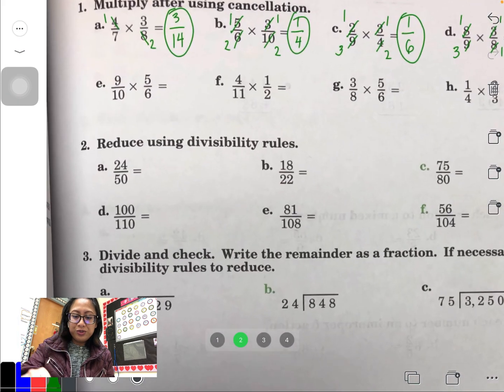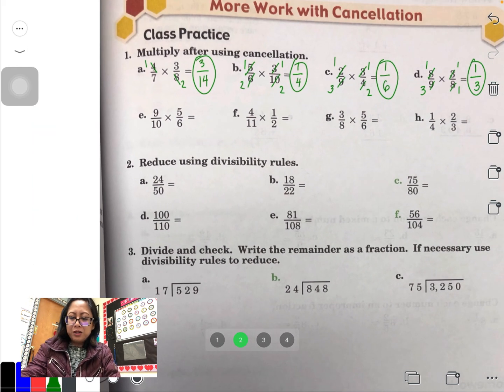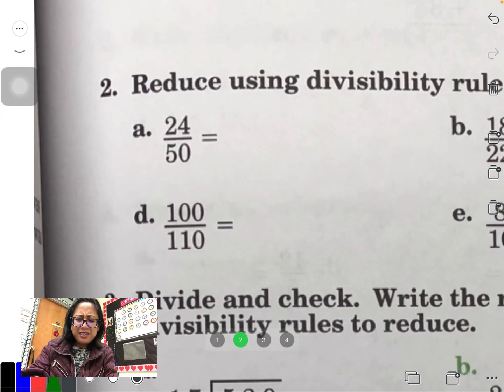Number 2, reduce using divisibility rules. Now, we're not going to do all of this. We'll probably just do C and D, and we'll try the rest at our Zoom meeting. But I see an easy one here. I'm looking at D. Remember, when you want to divide by 10, both numbers have to end in 0.